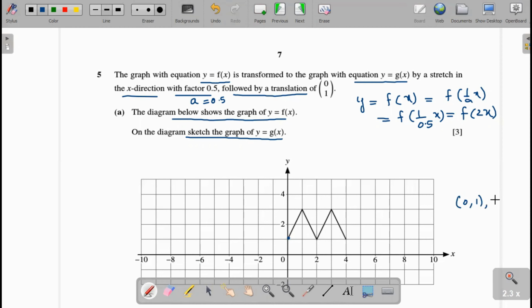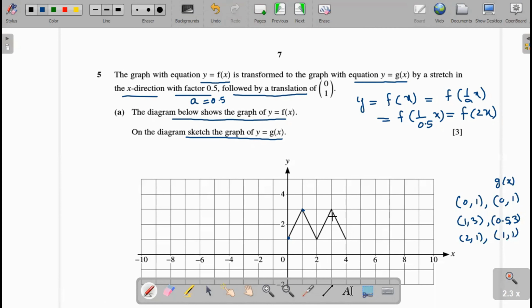Dividing the x coordinate by 2, the new coordinate is (0, 1), and this is the g of x graph coordinate. The next coordinate is (1, 3); dividing the x coordinate by 2, we get (0.5, 3). Next is (2, 1), which becomes (1, 1).